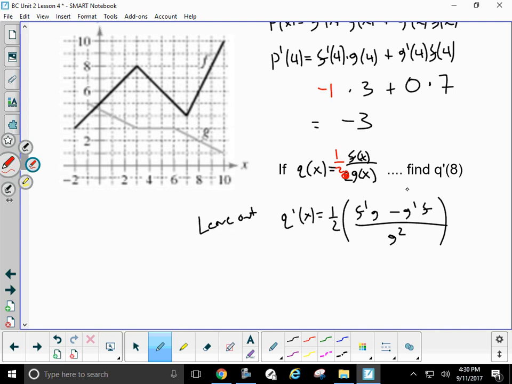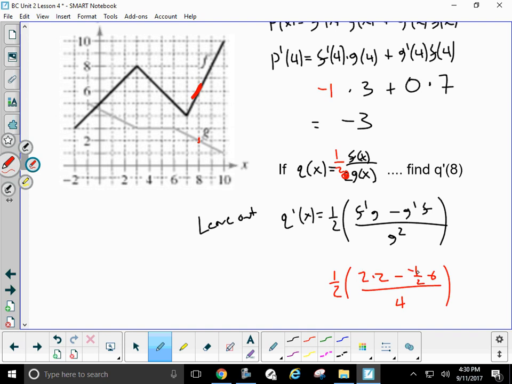Now let's find q prime of 8, so I'd have 1/2 times f prime of 8. This line segment here has a slope of 2. g of 8 is 2, right there. g prime of 8, this slope here is negative, looks to be down 1 over 2, -1/2. f of 8 is 6, all over g squared, so that's 2 squared, that's 4. 2 times 2 is 4.